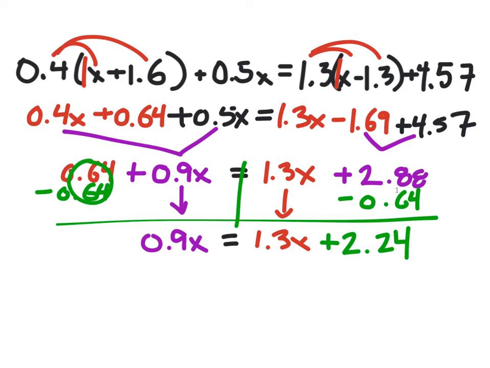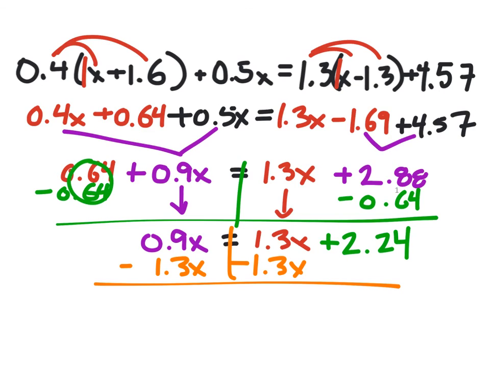Well, now I've got the 1.3x. It's on the wrong side. It's on the numbers side of things, the constants. So I'm going to have to zero that out as well. Subtract 1.3x from both sides makes that negative 0.4x, which now equals this 2.24. Well, I do not want, and I'm sure you don't want it either, negative 0.4x.